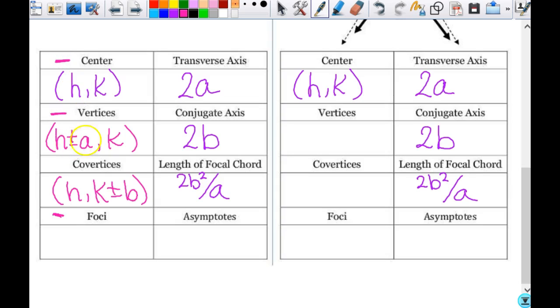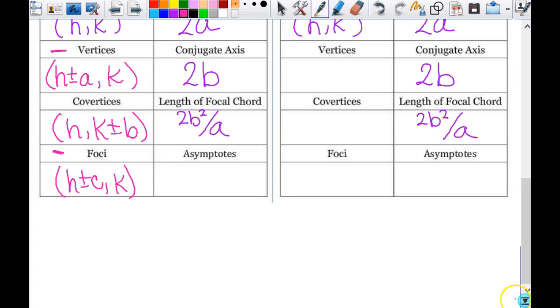So since my x value is changing here, the x value changes for the focus point as well. It's h plus or minus c, comma k. Then for your asymptote, this is y minus k equals, I'm going to leave some space and do my second parentheses over here. They both start like that.